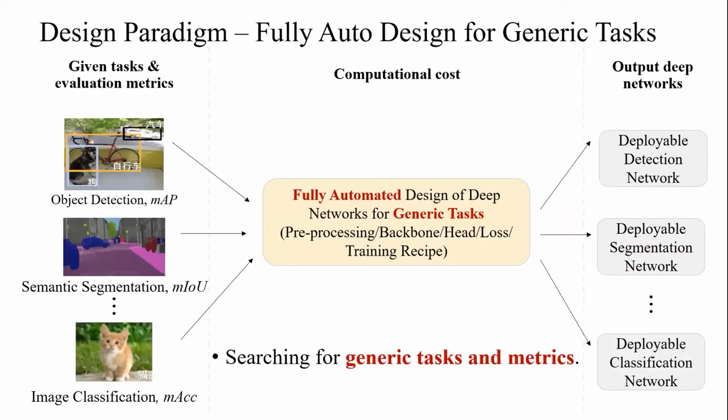Here is an illustration. Given different computer vision tasks and the corresponding evaluation metrics, we would like to use a unified framework to automatically design the networks and the training recipes. The framework outputs deployable networks directly, which are optimized for the given task and the given metric. In this process, there are no additional human costs except for defining the task and the metric.